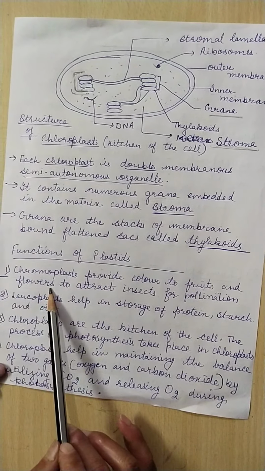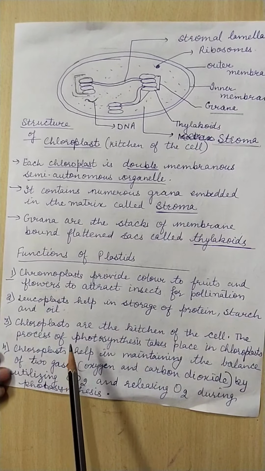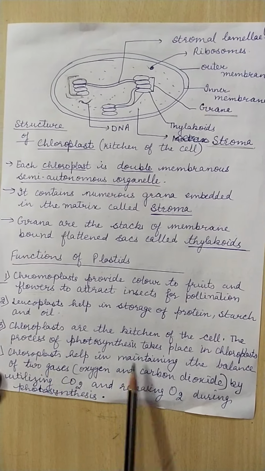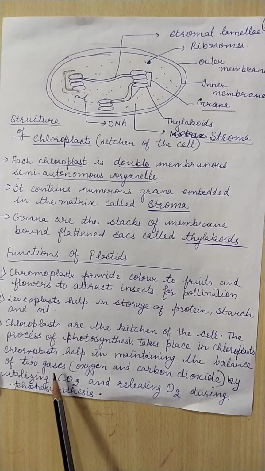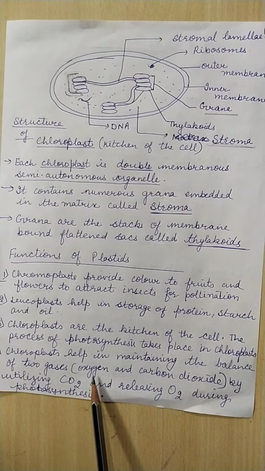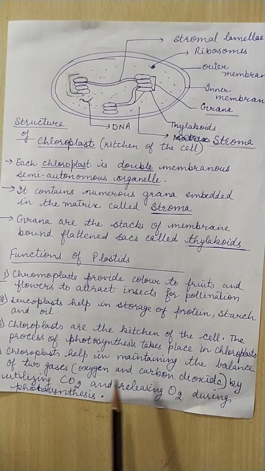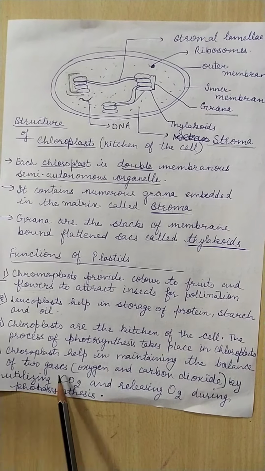The process of photosynthesis takes place in the chloroplast, and moreover chloroplasts help in maintaining the balance of two gases, oxygen and carbon dioxide, because in the process of photosynthesis CO2 is utilized and oxygen gas is released. So these all are the functions of the plastids.